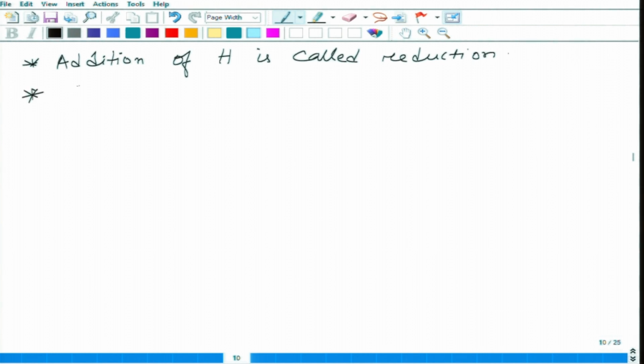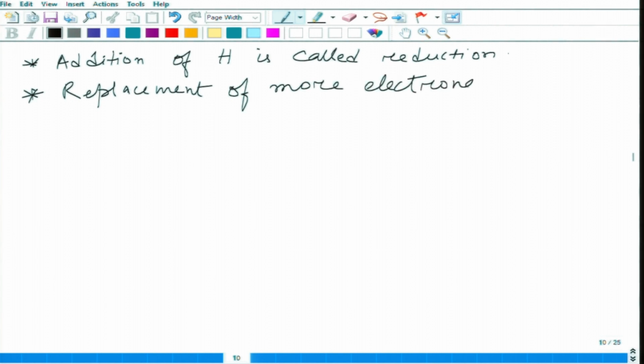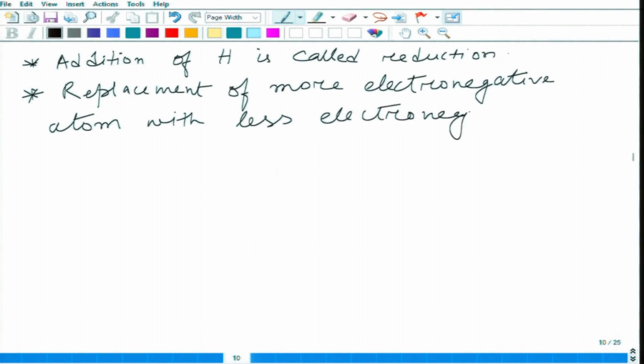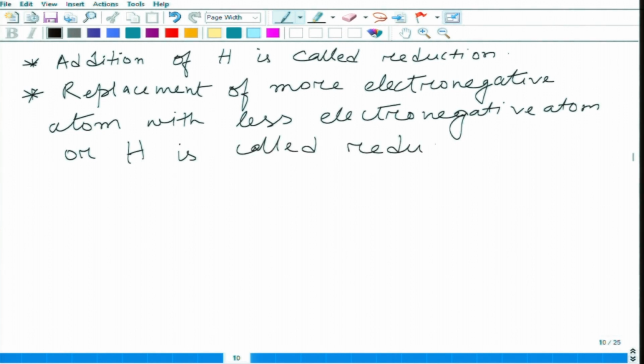Also, in organic chemistry, replacement of more electronegative atom with less electronegative atom or hydrogen is called reduction. Okay.